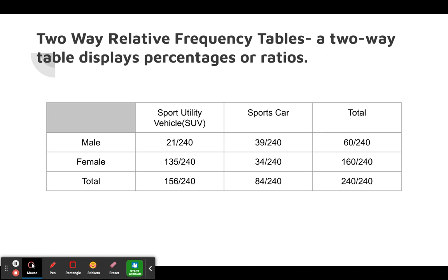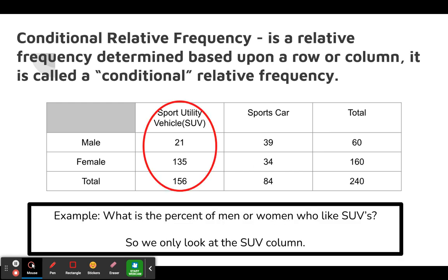A two-way relative frequency table is a two-way table displaying percentages or ratios. Notice how I have ratios, and we're going to ask you to recreate this with percentages. And a conditional relative frequency is a relative frequency determined based upon a row or a column.